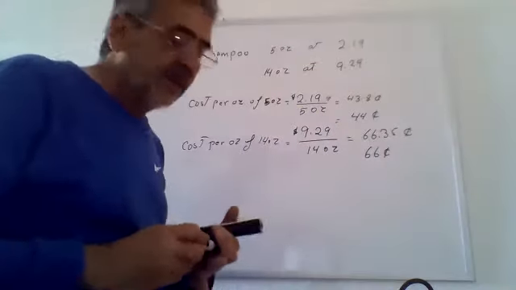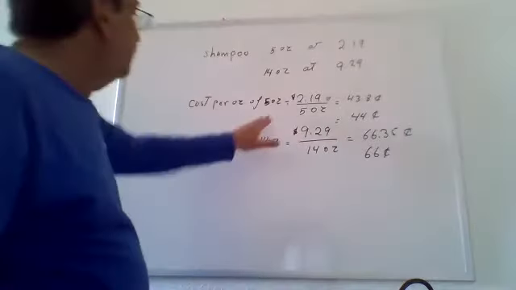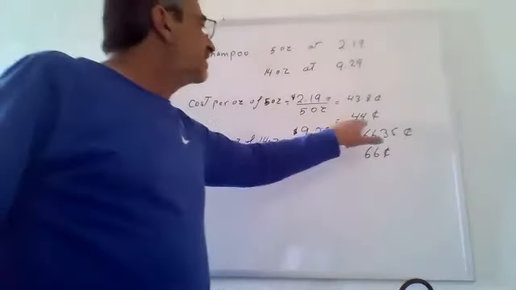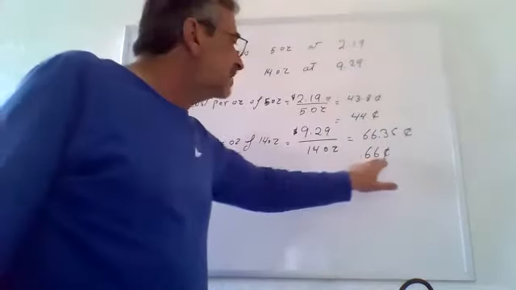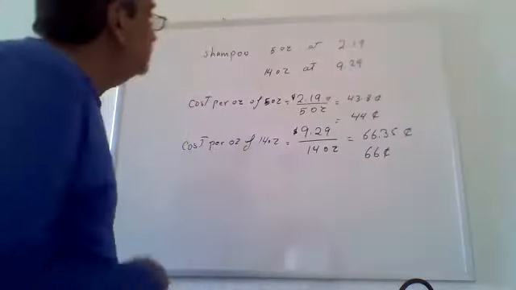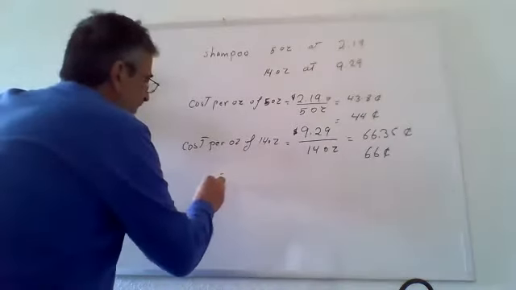If we look at those two items, we notice that the 5 ounce costs me 44 cents an ounce. The 14 ounce costs 66 cents an ounce. So that means the 5 ounce is a better deal.